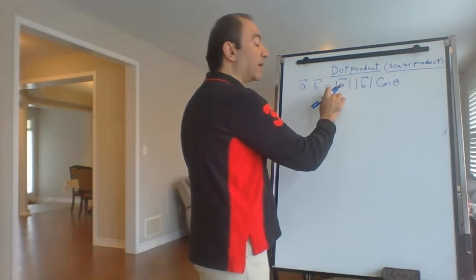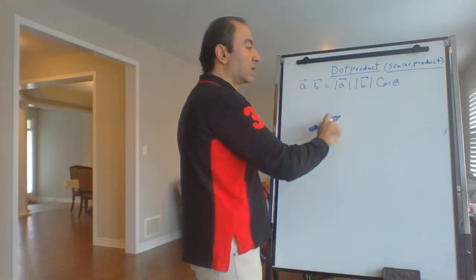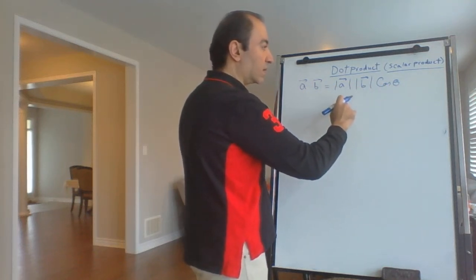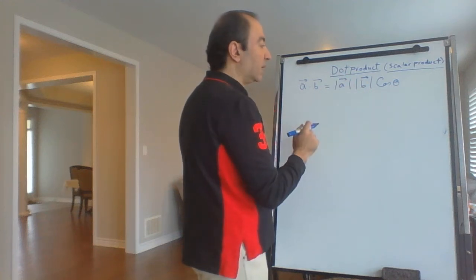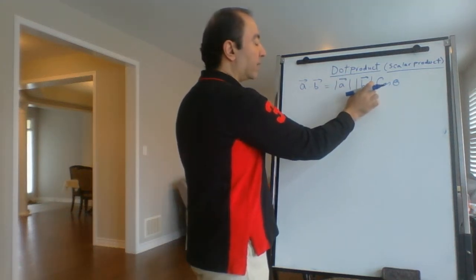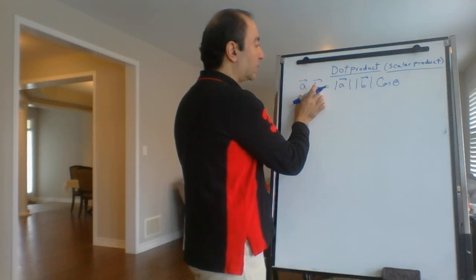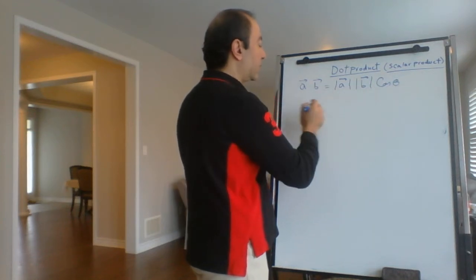And we can get the magnitude of vector A because it is the square root of x squared plus y squared plus z squared, and the same thing for B. So we can get the length here. Now we can get the dot product, and then we can get the angle.